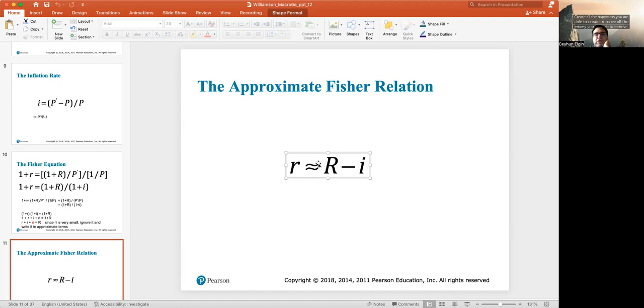The relationship is that nominal interest rate minus inflation is equal to real interest rate. Actually, this is an approximate relationship. So the real interest rate is approximately, not exactly, equal to the nominal interest rate minus inflation.